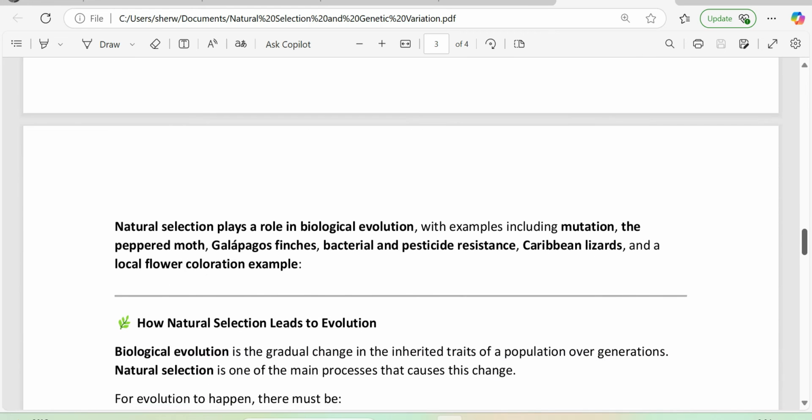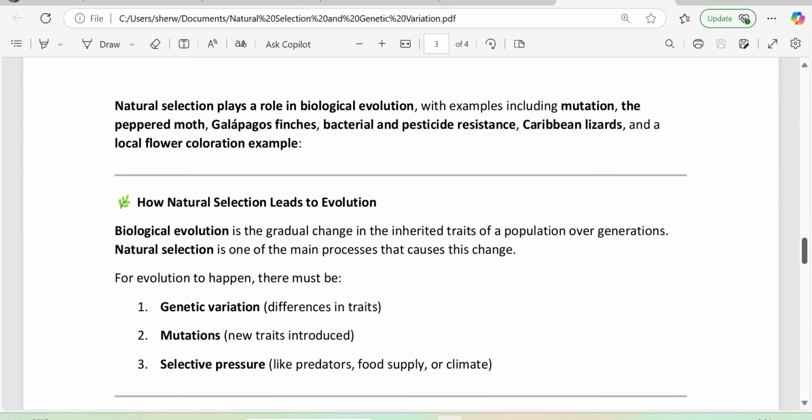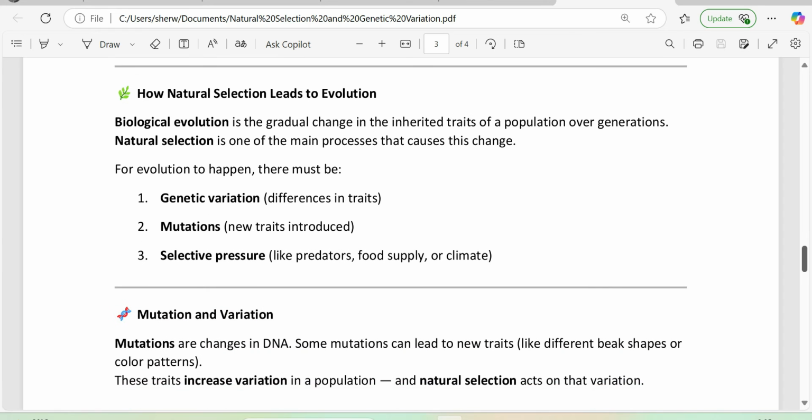Natural selection plays a role in biological evolution, with examples including mutation, the peppered moth, Galapagos finches, bacterial and pesticide resistance, Caribbean lizards, and a local flower coloration example. How natural selection leads to evolution. Biological evolution is the gradual change in the inherited traits of a population over generations.